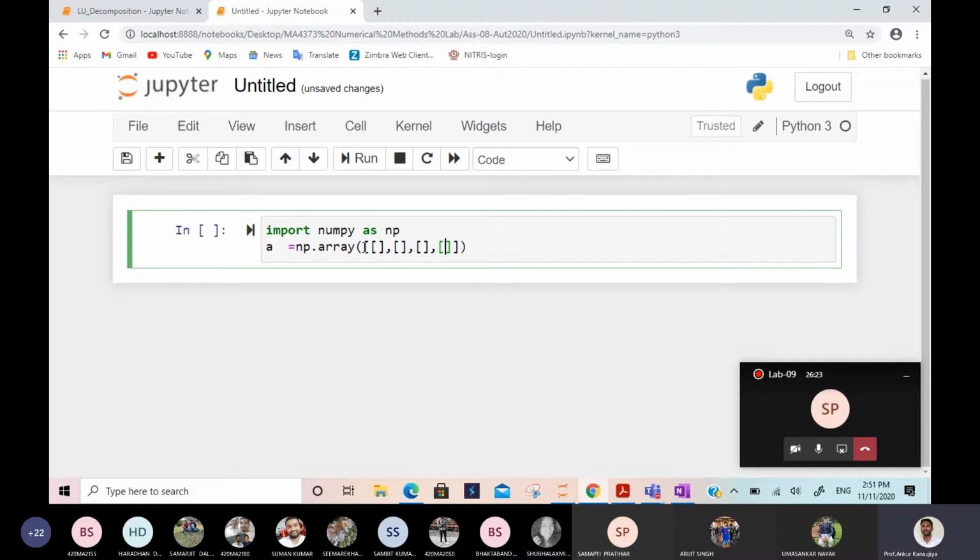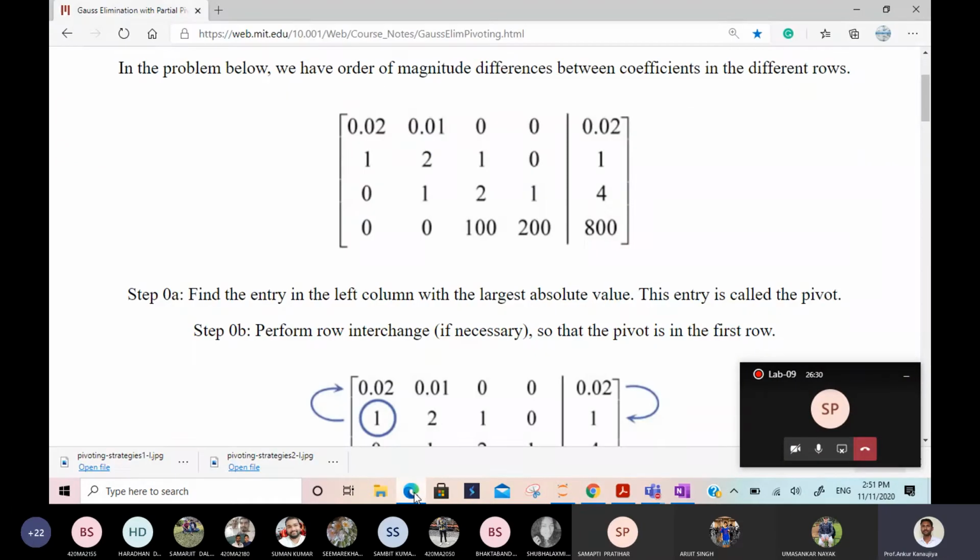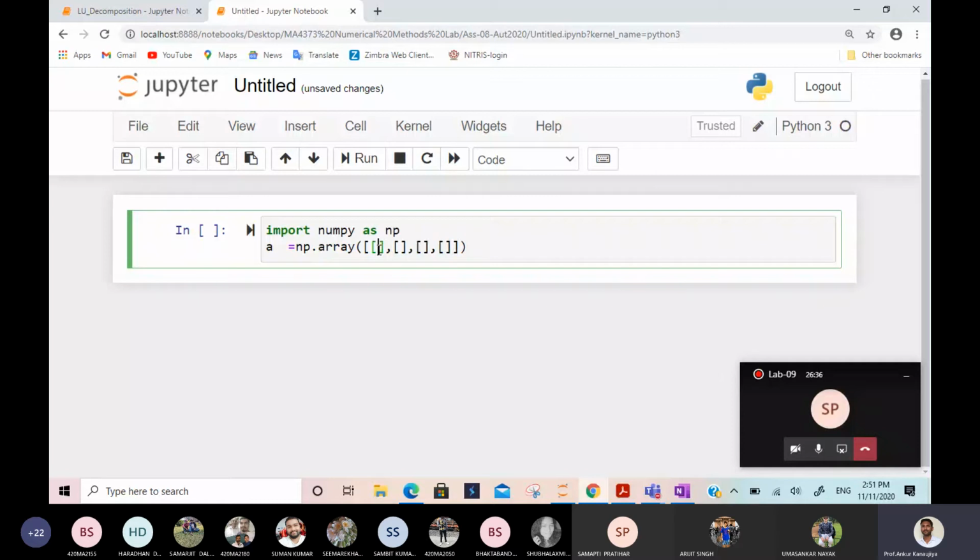So in this bracket I will write all 4 rows for the matrix A. So the first entry of the matrix is 0.02, 0.01 and then 0, 0. So the first row is done.